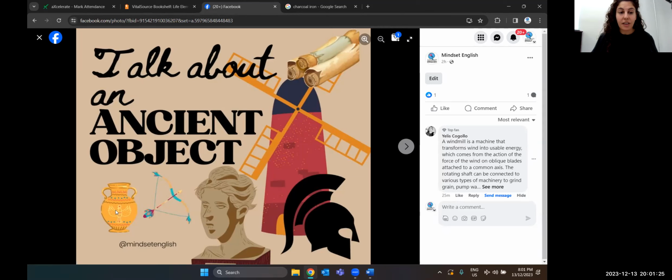The bow and arrow, maybe something like this. Scrolls. They used to write a long time ago on paper like this, parchment paper. So we're going to get into groups. We're going to do a presentation to talk about an ancient object. So let's get into our groups and we'll present it soon.